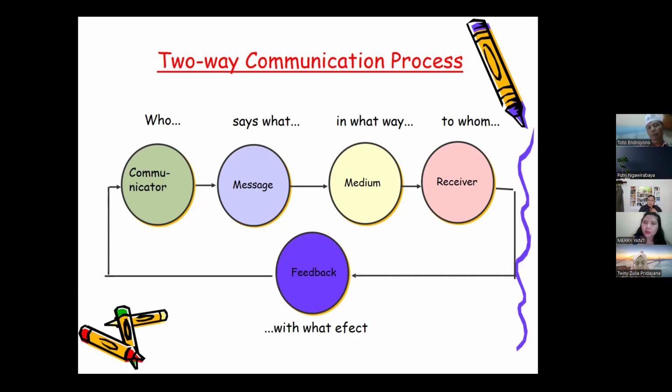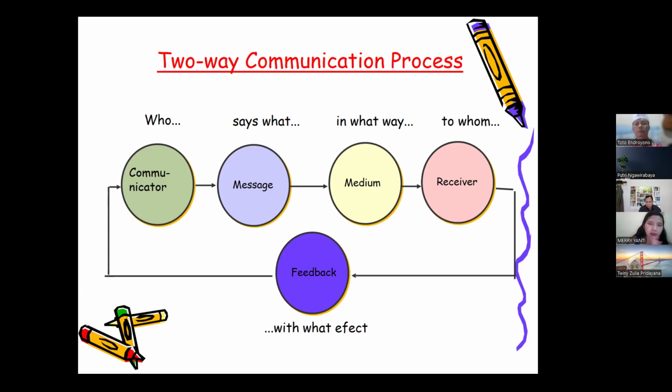The medium, in what way, is the method or channel used to send the message, for example speaking, writing, texting, or showing a picture. Then to whom, the receiver, is the person who gets the message, for example the students listening to the teacher. And the last one is with what effect, or feedback: the receiver responds to the message. This is what makes it two-way communication. For example, a student asking a question or nodding to show understanding.